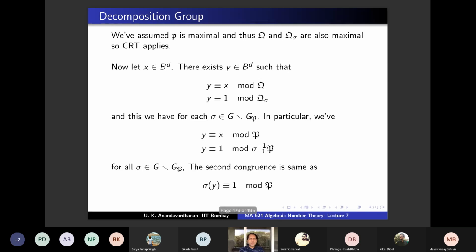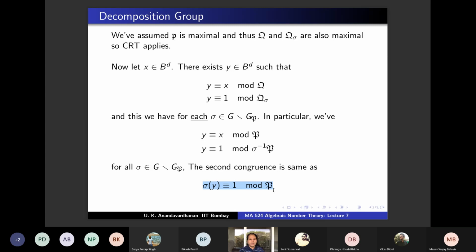And the second congruence we can write down as apply sigma. So Y minus 1 belongs to this. So sigma Y minus sigma 1, which is sigma Y minus 1 belongs to P. So you can write this like this. Now what are we going to do? We are going to take this congruence, this congruence, and all these congruences together, and I'll take the norm. Okay, multiply all these together.